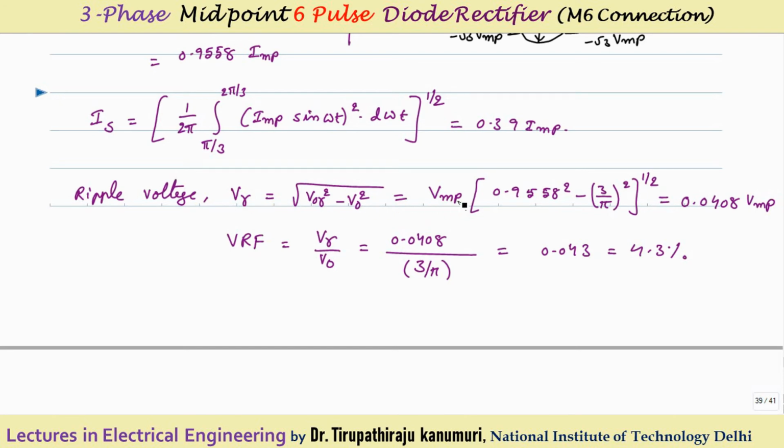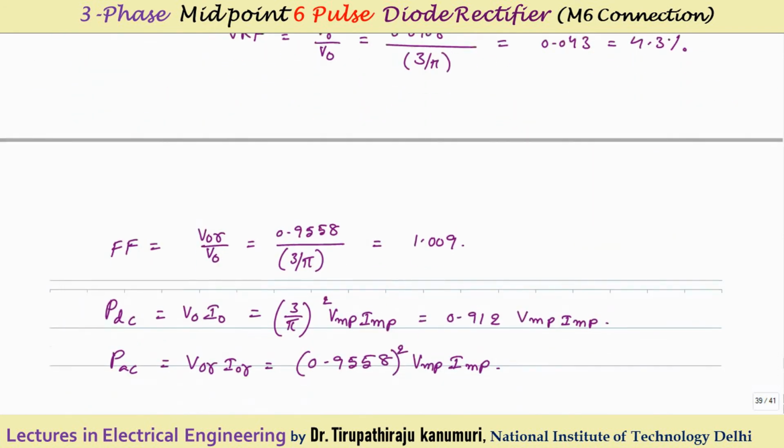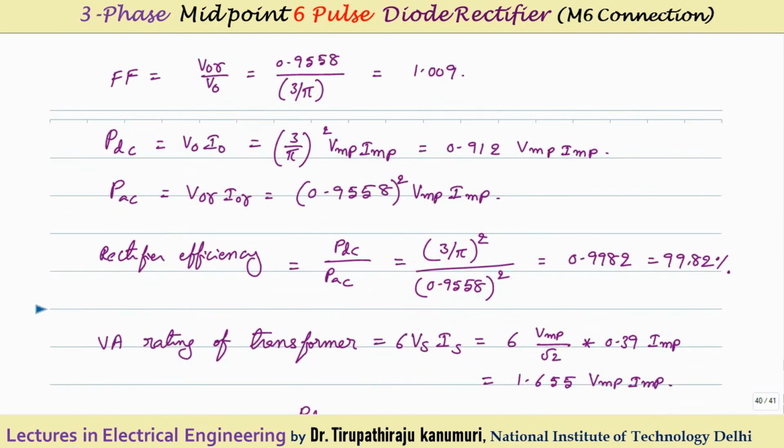If you substitute the values, you will get 0.0408 times Vmp. Now the voltage ripple factor is the ratio of the ripple voltage to the average value of the output voltage. You are getting it as 4.3% only. You can see that the voltage ripple factor has decreased drastically.